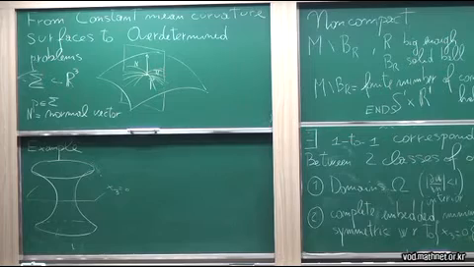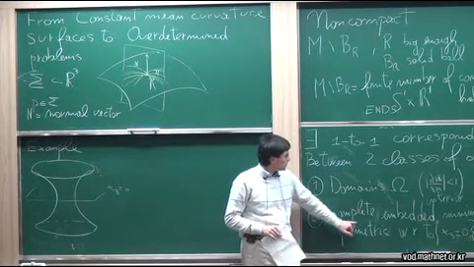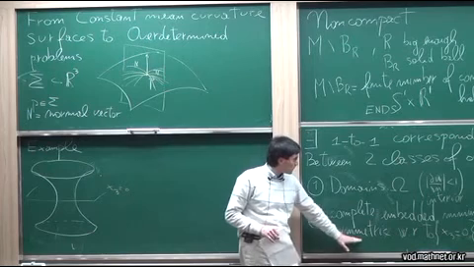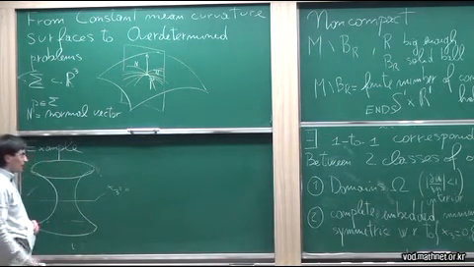So an example of minimal surfaces satisfying this is the catenoid.